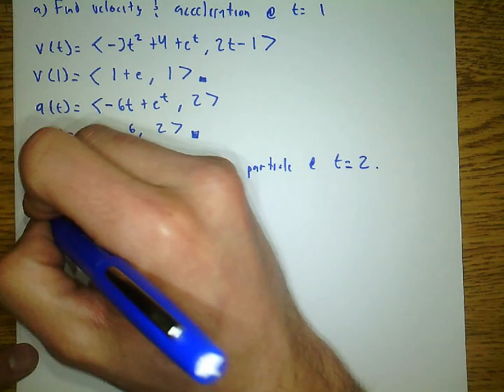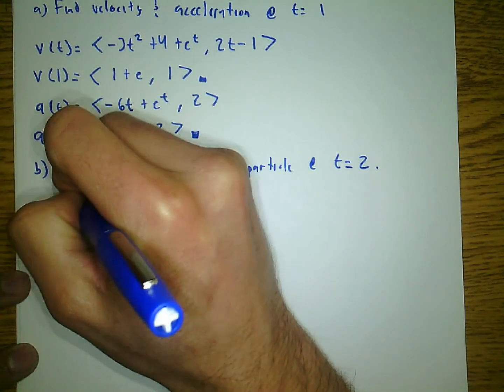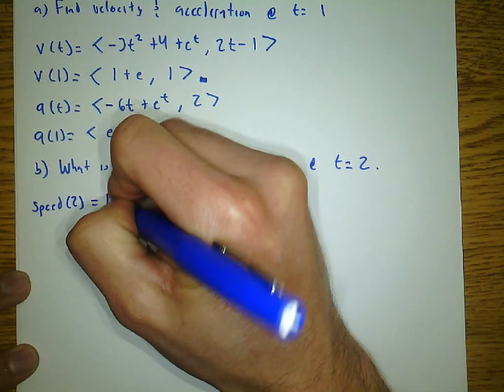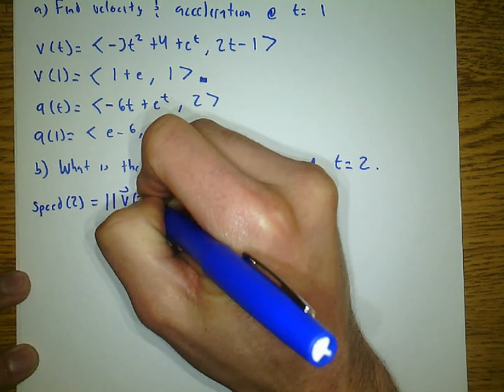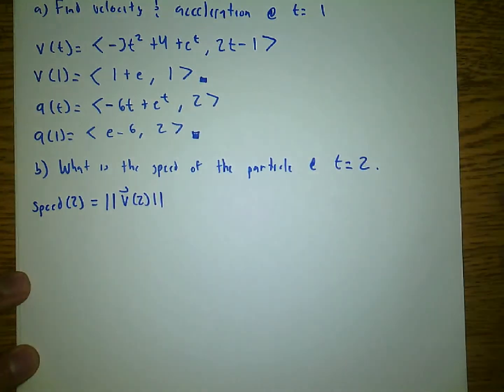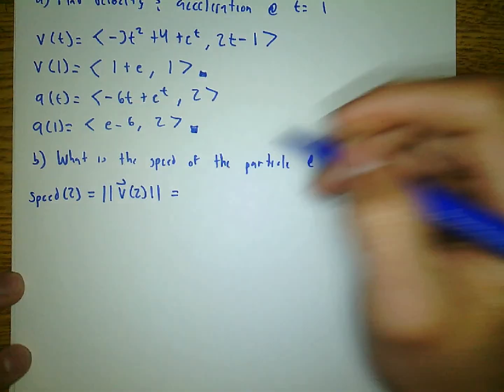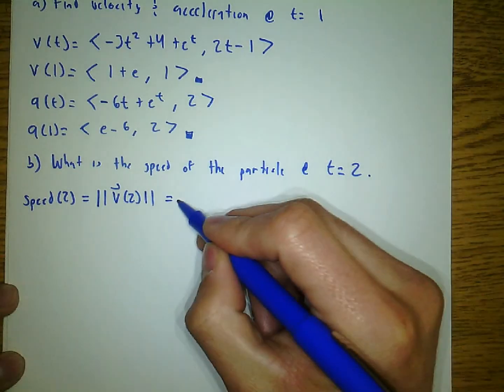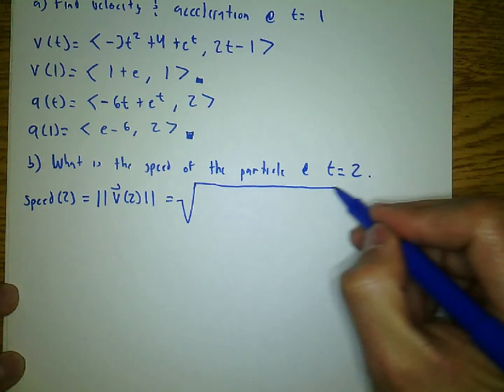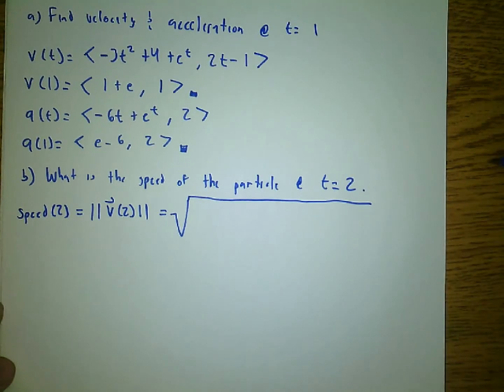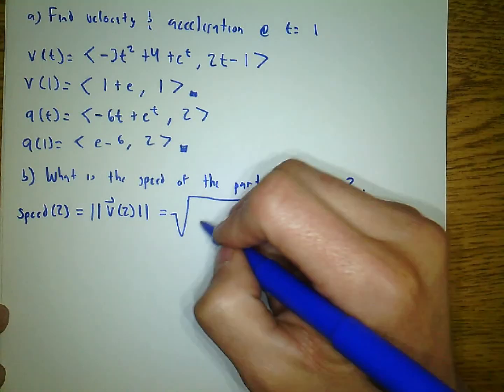So the speed at 2 is equal to the magnitude of the velocity at 2. Agreed? The magnitude of the velocity would be the square root of negative 3t squared plus 4 plus e to the t, squared, plus 2t minus 1, squared.